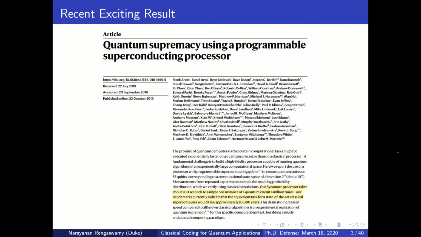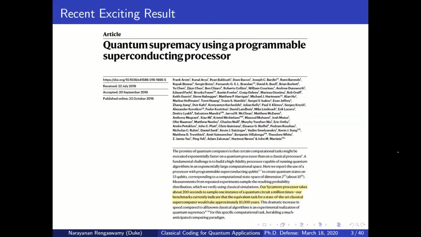They were able to show that their quantum computer, as I highlighted here, takes about 200 seconds to sample a million times. Whereas by their calculations, this would take approximately 10,000 years on the best classical supercomputer we have. This was a very exciting result, but IBM debated the specifics of the result, in terms of whether it would actually take 10,000 years or whether you can do something smarter on the IBM Summit computer, which is the largest supercomputer.